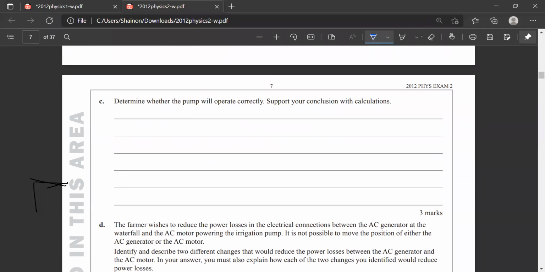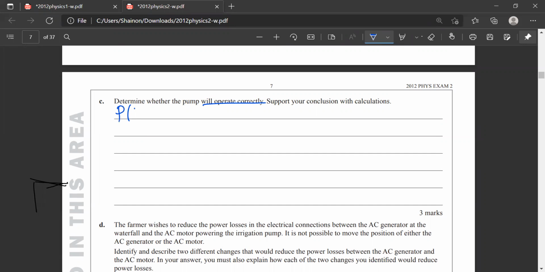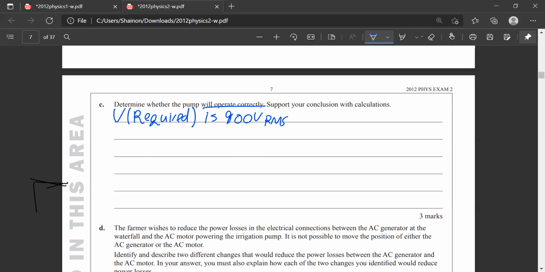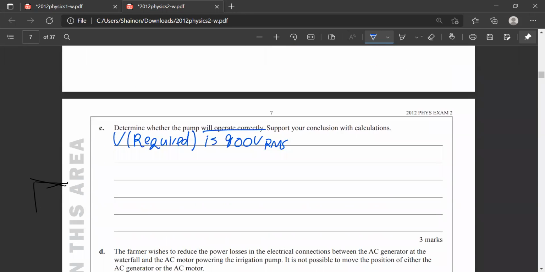Determine whether the pump will operate correctly. So since we know the voltage required equals 900 VRMS, we can calculate how much voltage actually gets there with the resistance.